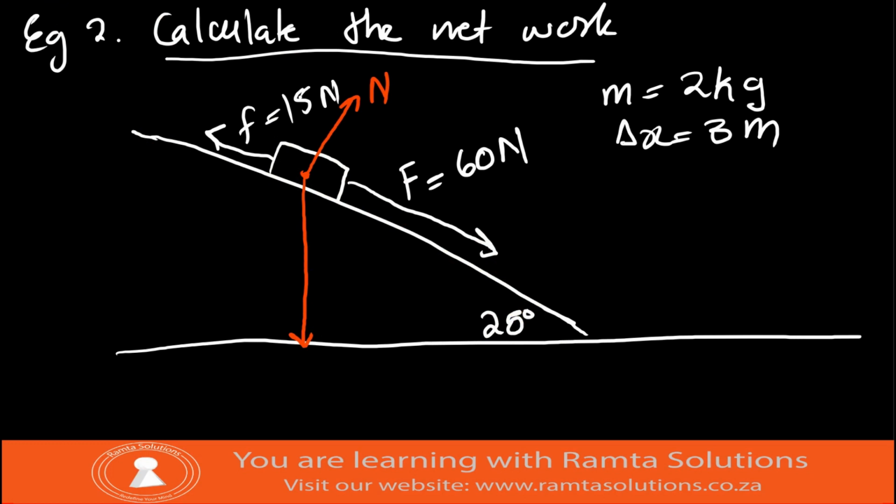Now, since normal is perpendicular to the surface, FG perpendicular will also be, which must be equal to this. This is your FG, by the way. Now, this here will be your FG parallel, which we call FGX.